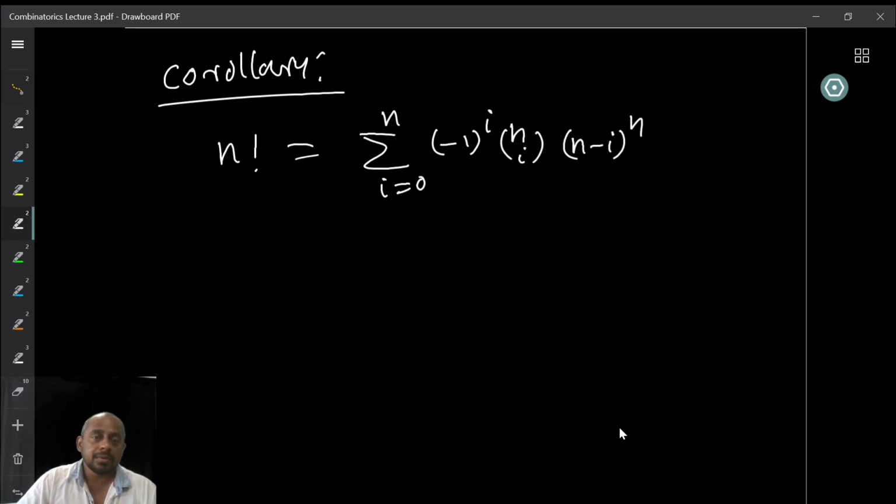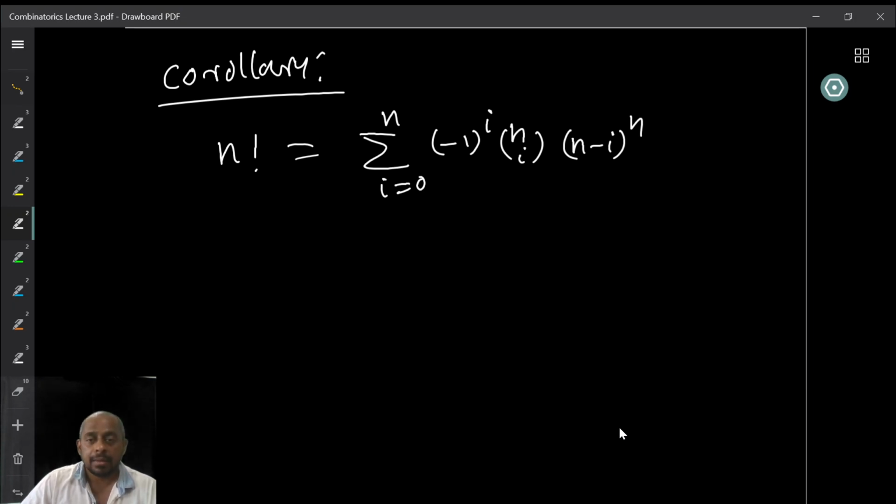A corollary to this result is that the summation i equal to 0 to n of minus 1 raised to i, n choose i, n minus i whole raised to n is equal to n factorial. Why is that? Well, because when you are looking at surjections from an n element set to an n element set, when k is equal to n, they can be thought of as permutations, right?